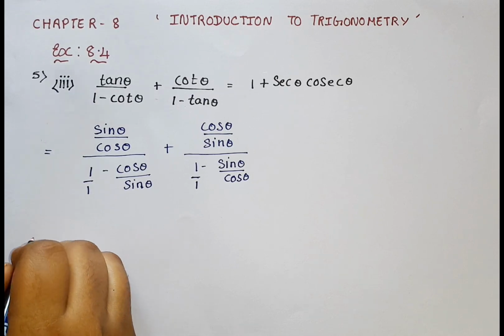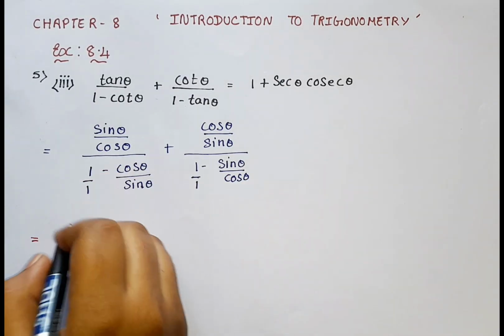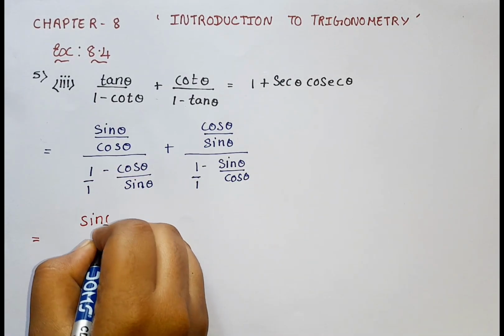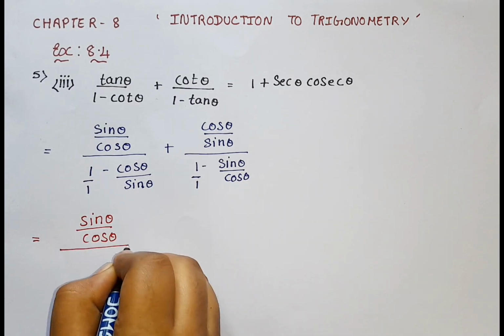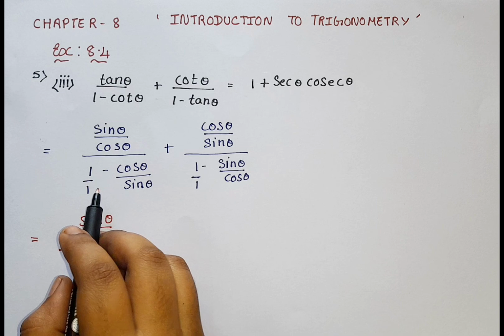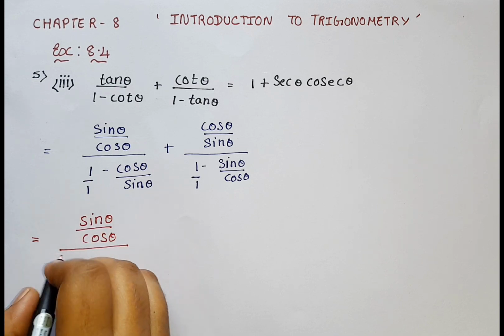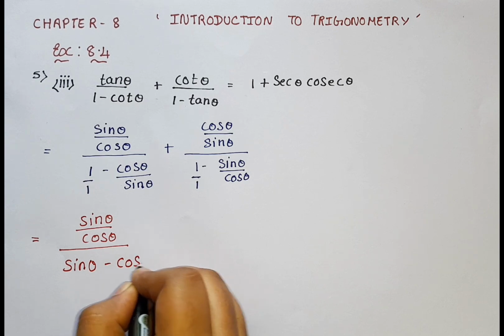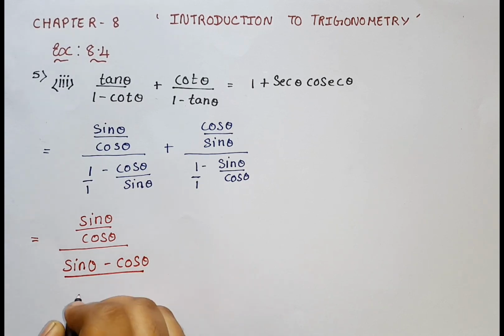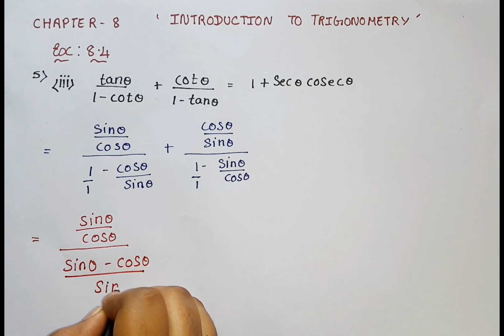So now we can actually take LCM here. First let's write sin theta by cos theta as it is, and divided by, when I take LCM here I'll get sin theta minus cos theta divided by sin theta.